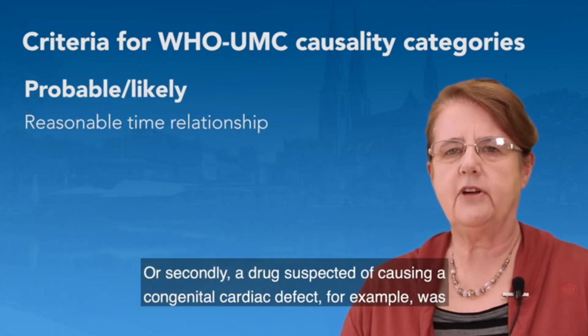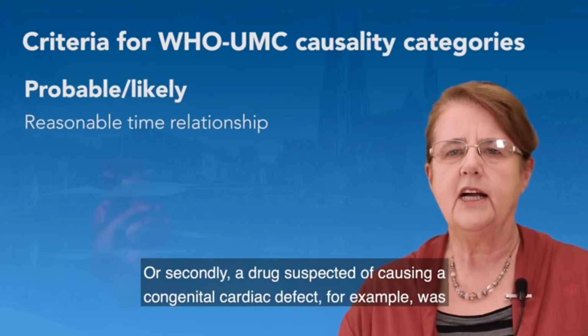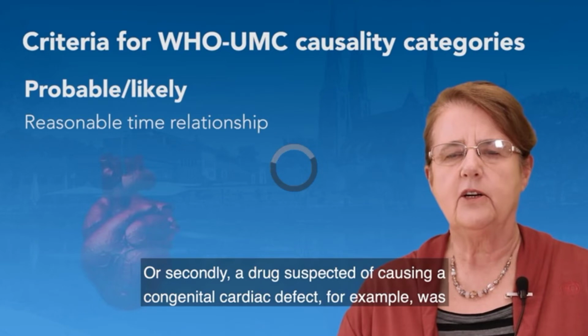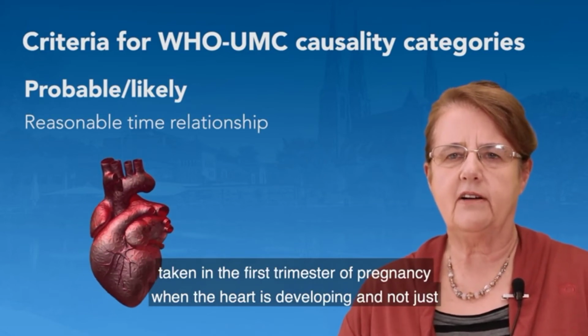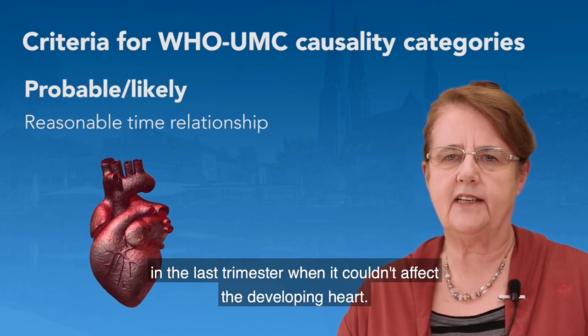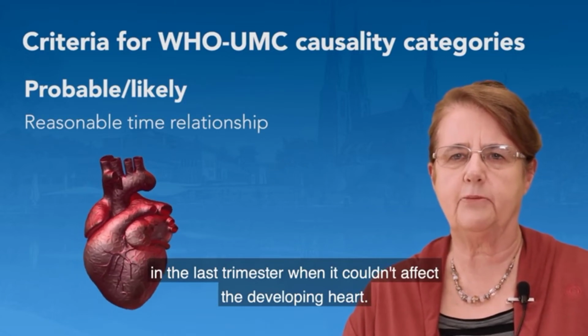Or secondly, a drug suspected of causing a congenital cardiac defect, for example, was taken in the first trimester of pregnancy when the heart is developing, and not just in the last trimester when it couldn't affect the developing heart.